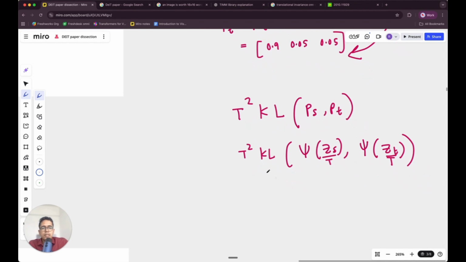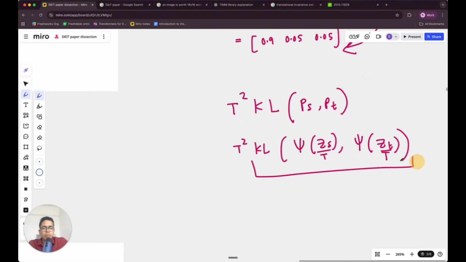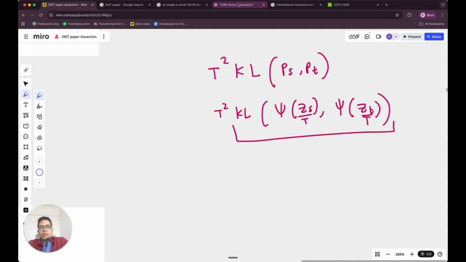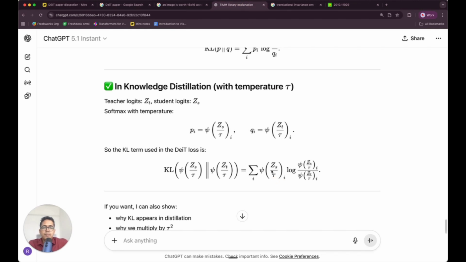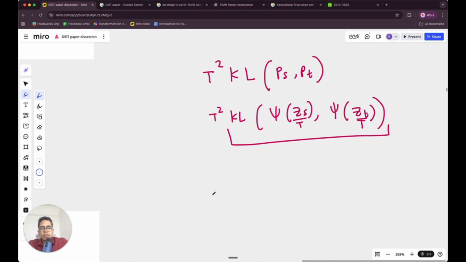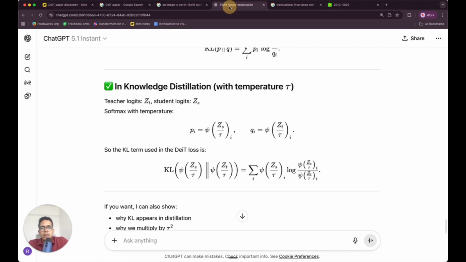But now the question is, what is this KL divergence formula? How does it look if you have PS and PT? It will look like what is shown here: softmax of the student multiplied by log of softmax of the student divided by softmax of the teacher. So let's write it here. I don't think there is a negative sign here; they have written it without a negative sign.